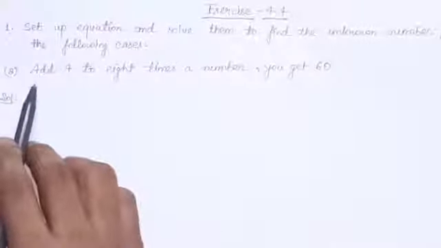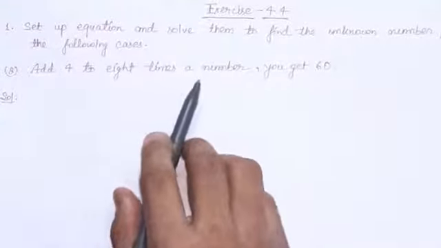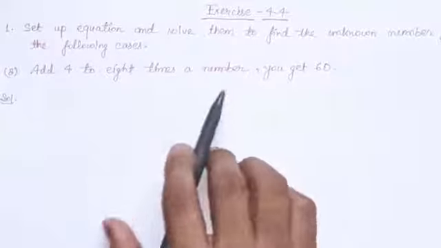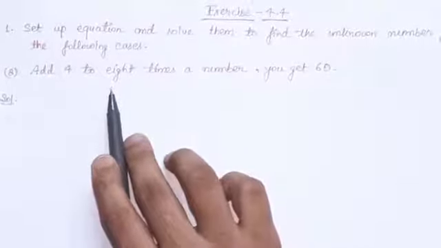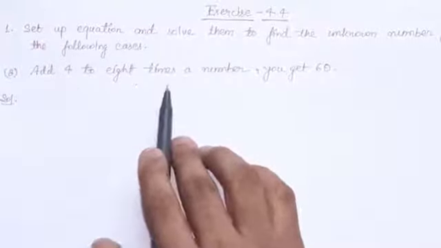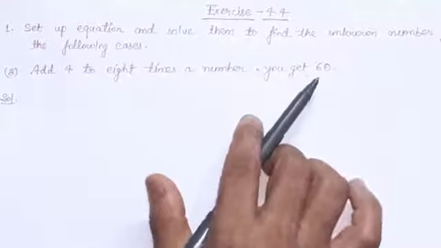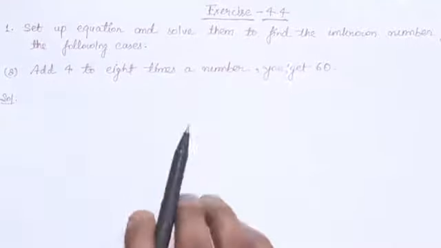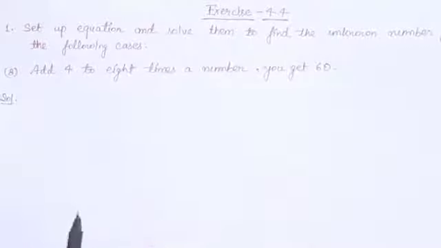So in first part, we have given add 4 to 8 times a number, you get 60. It means there is a number, when we add 4 to 8 times of that number, then we will get a result of 60. So first let us frame the equation for this case.